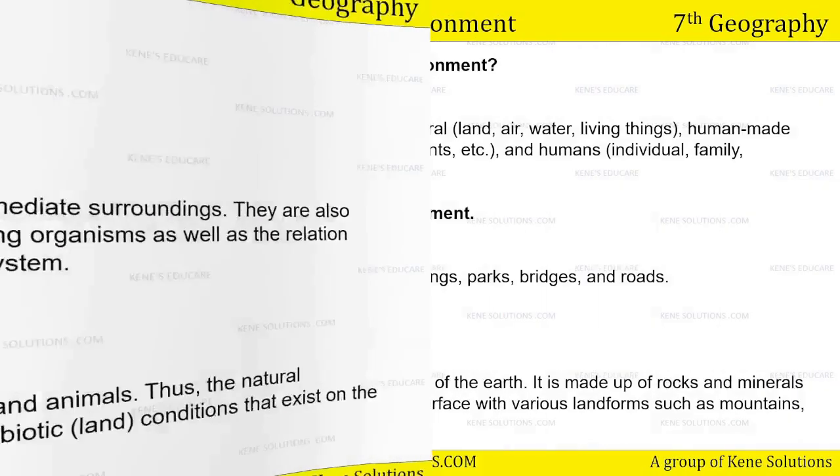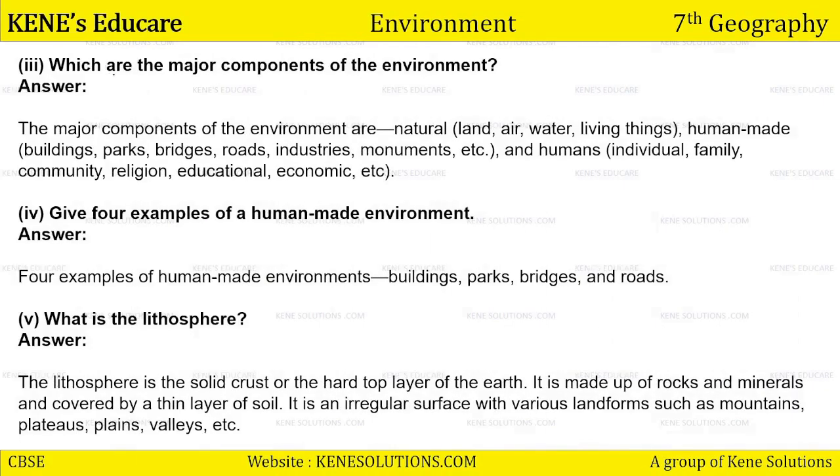Okay. Part 3. Which are the major components of the environment? You have read about the environment, but what are the major components? The major components of the environment are natural components and human components. Natural components include land, air, water, living things.